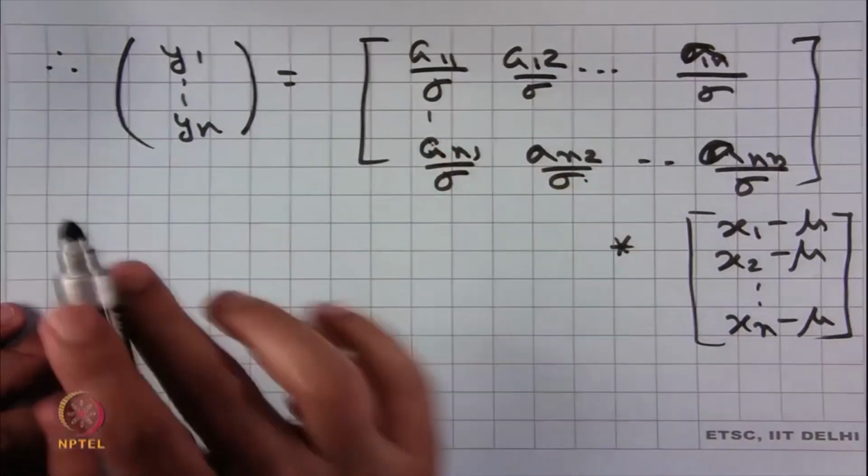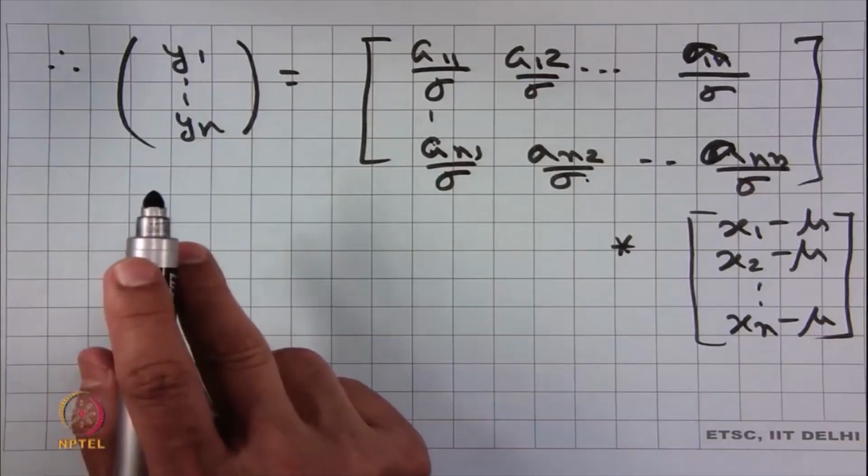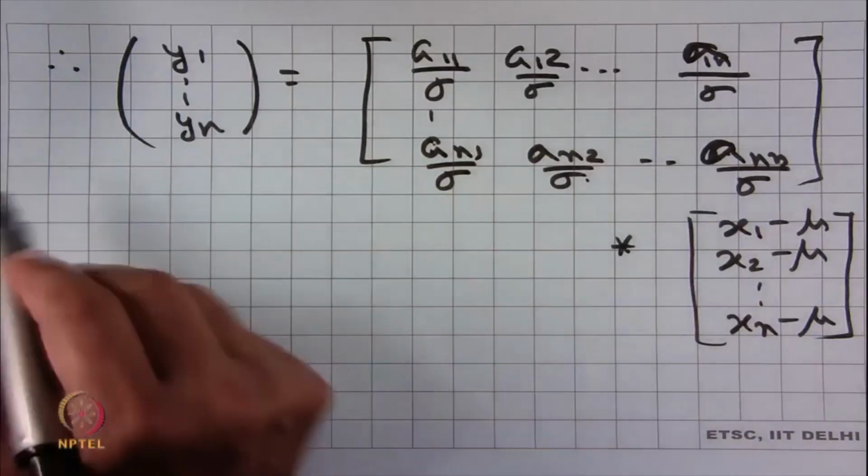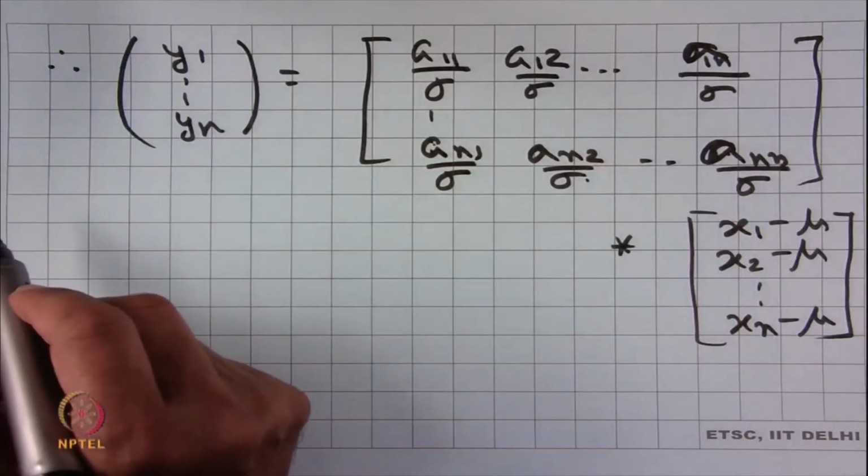These A1s are the matrix of the A transformation that we have considered.